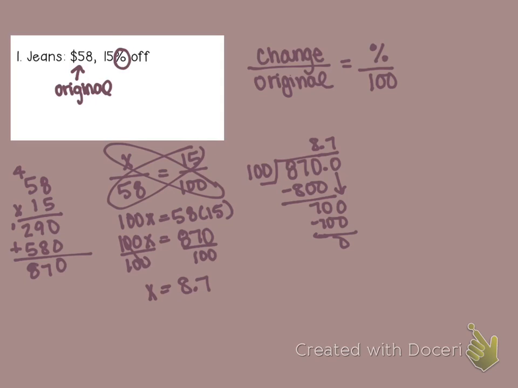So if you're going to the store and you're going to buy jeans and they're 15% off, X being 8.7 means that you get to take $8.70 off of the original price. And I accidentally boxed all of it. Let's try that again. $8.70 off the original price. So that is your discount.